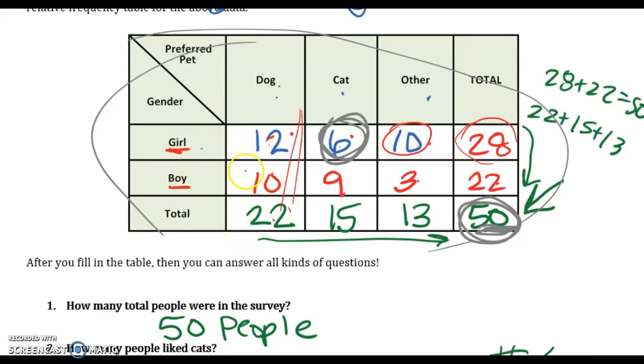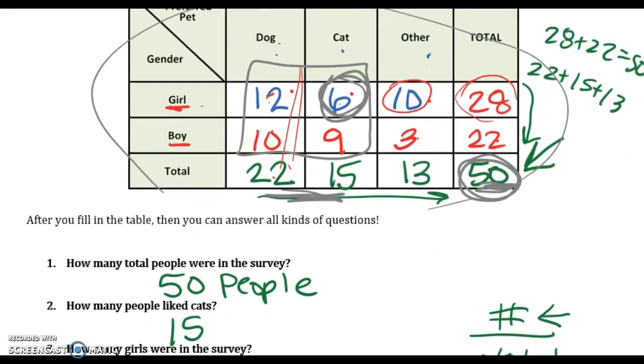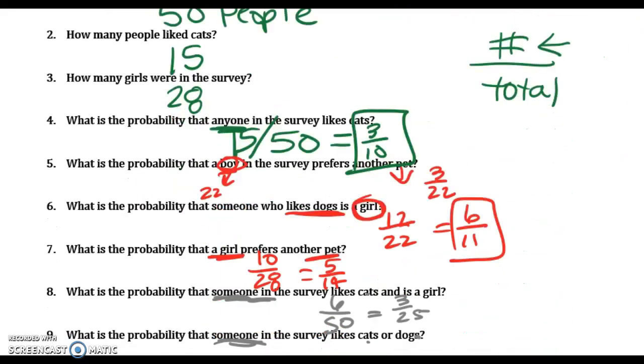So someone in the survey who likes cats or likes dogs could be any of those people. So 12 plus 10 plus 6 plus 9. So there are 37 people. You could add up all 4 of those boxes, or you could just add those 2. So 37 people out of the whole 50 like cats or dogs.